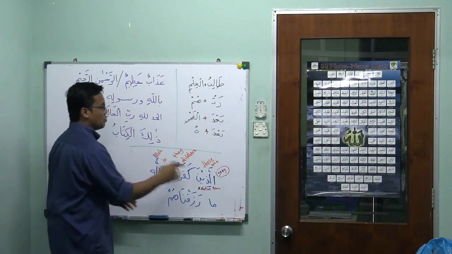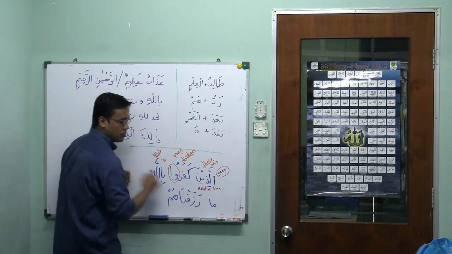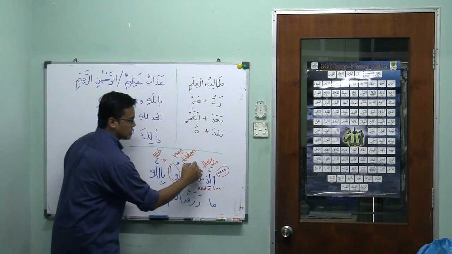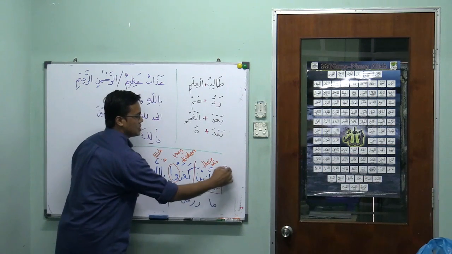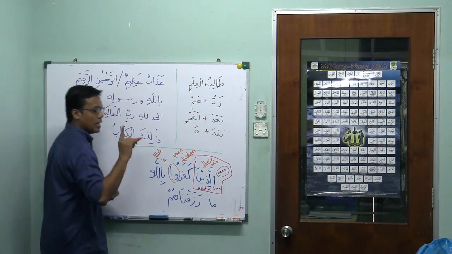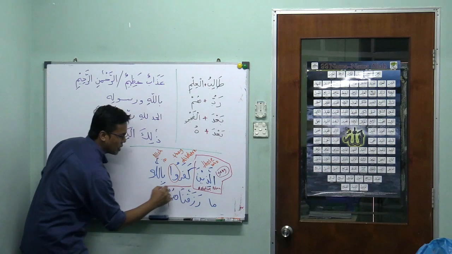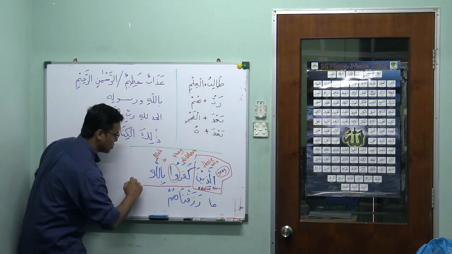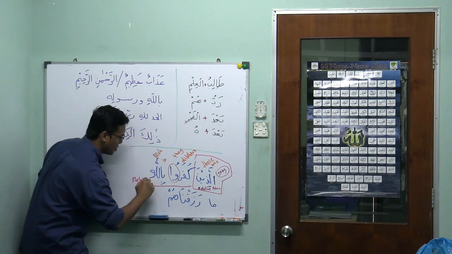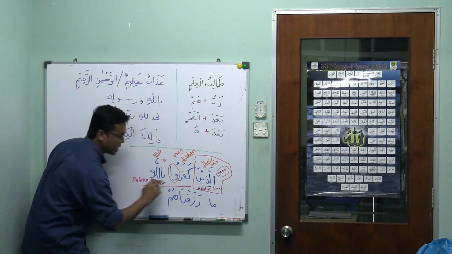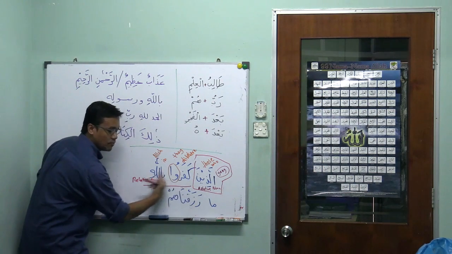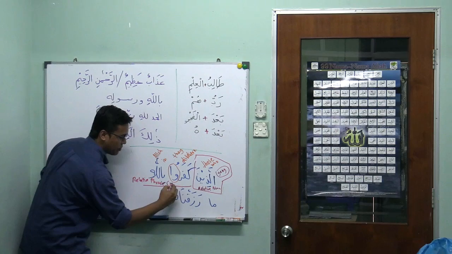So we call this the relative structure. It consists of a relative noun and whatever comes after it, which is called the relative phrase, which is the verbal sentence itself.